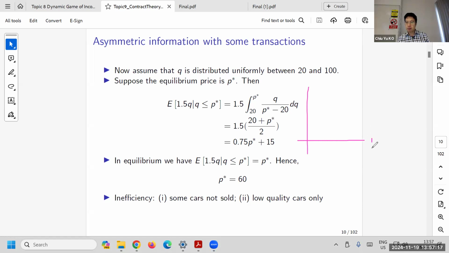This is Q, you have P star, you have 20 here, and uniform between 20 to 100, so the height is 1/80, right? So you're looking at this.